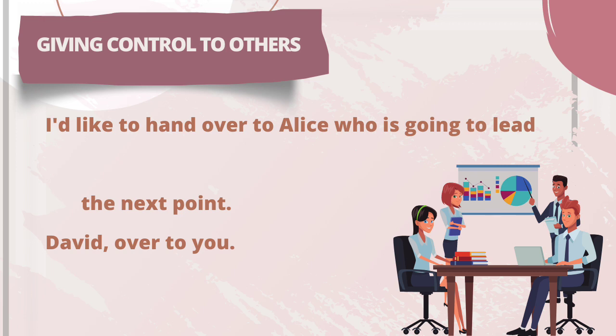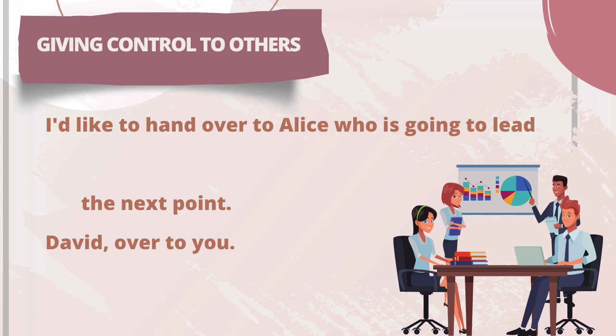Next is giving control to others. This kind of expression will be used when a new topic or a new meeting agenda is handled by a new person or a new participant. So the one in charge has to hand over to the one that discusses or controls the next agenda.